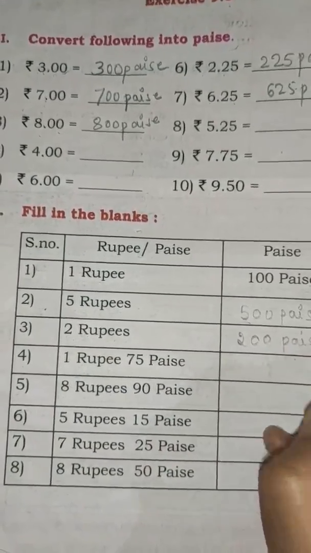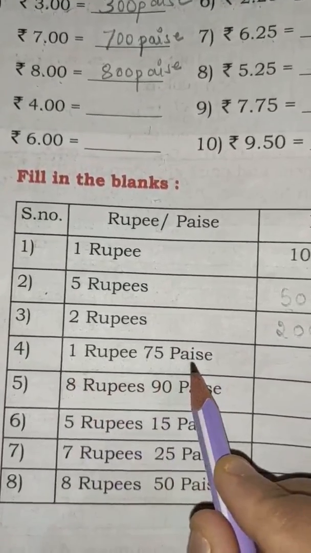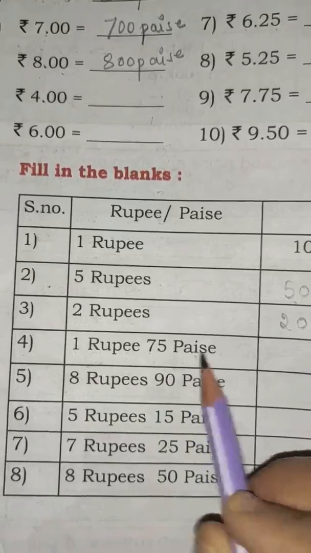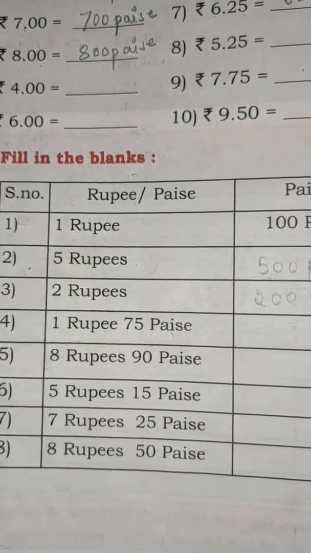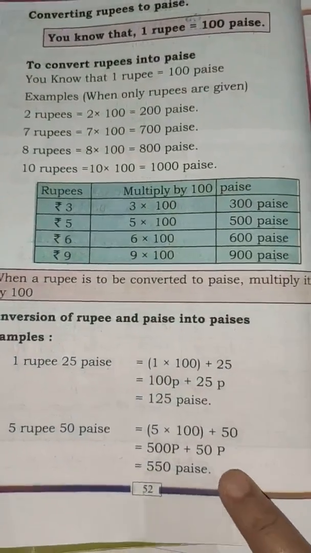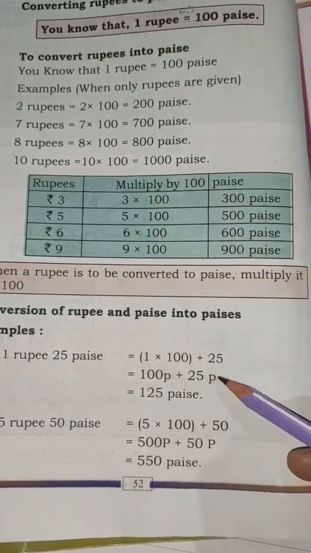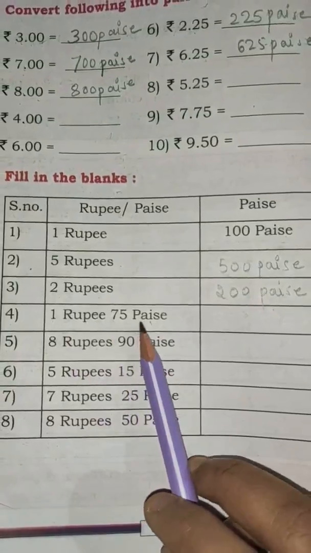Very good. Next, here. 1 rupee 75 paise. How are you going to convert it? Which method are we going to use, which we have done here? Do you remember? Conversion of rupee and paise into paise. Yes, this method we are going to use in this case. Okay, let's do it. Here it is, 1 rupee 75 paise.